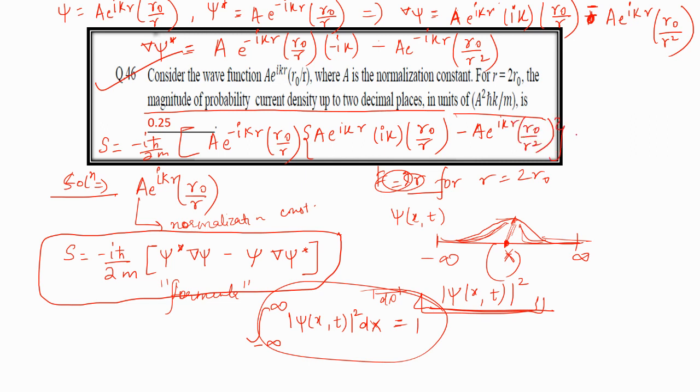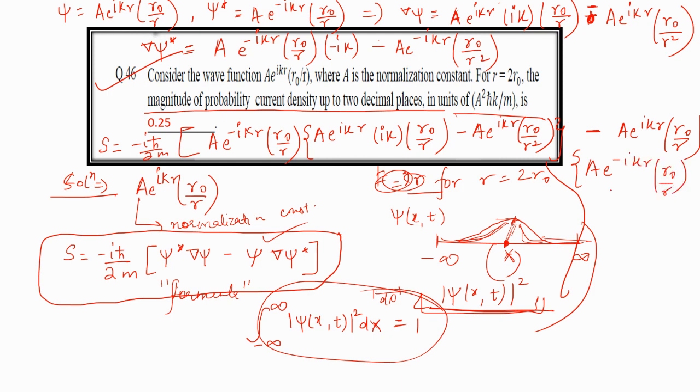Then one more term is this psi. Psi is A e raised to the power iota k r naught by r. Then again in curly brackets del psi star: iota k r naught by r minus iota k, minus A e raised to the power minus iota k r naught by r square.